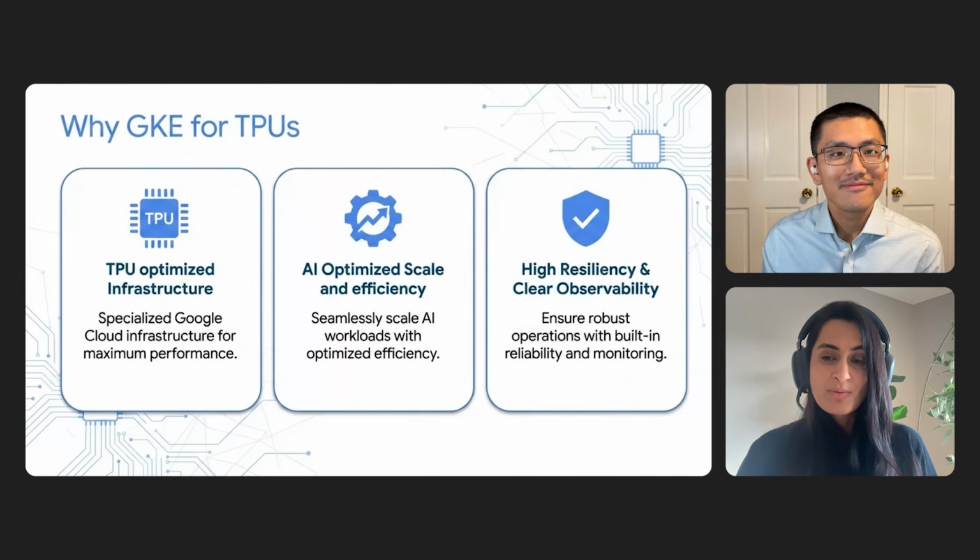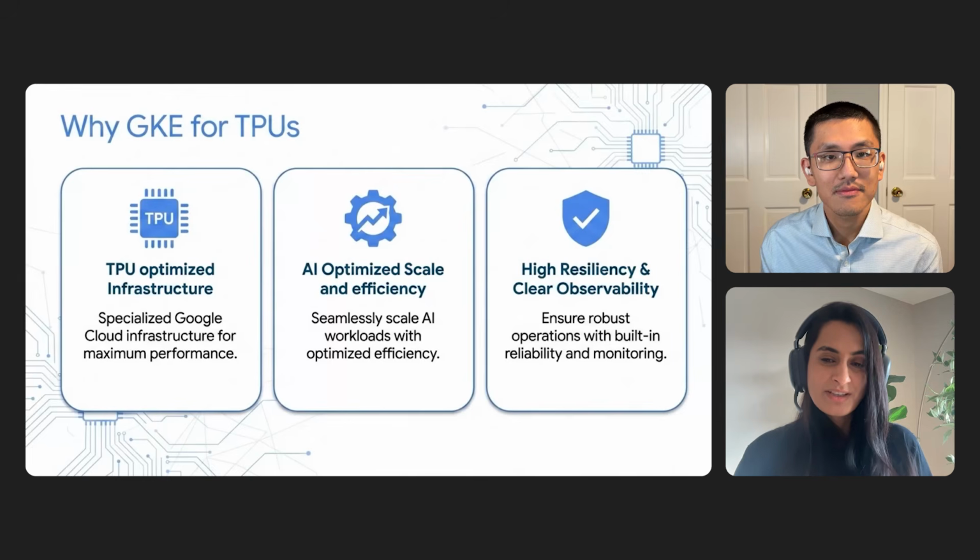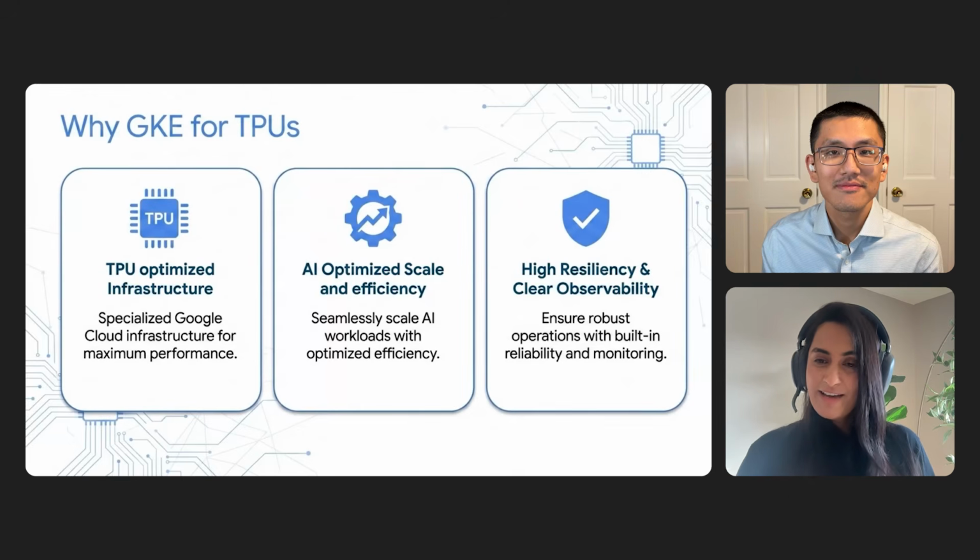GKE also provides the full ecosystem of products for your AI workload needs, from storage to load balancers to observability, etc. And you already know GKE is known for its scale. The combination of TPU cost-efficient scale and GKE optimized scale comes together to support your large-scale training and inference on TPU.